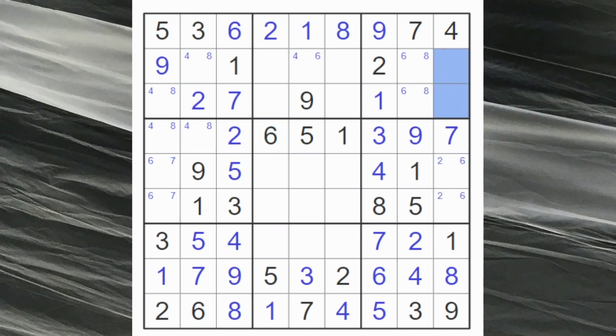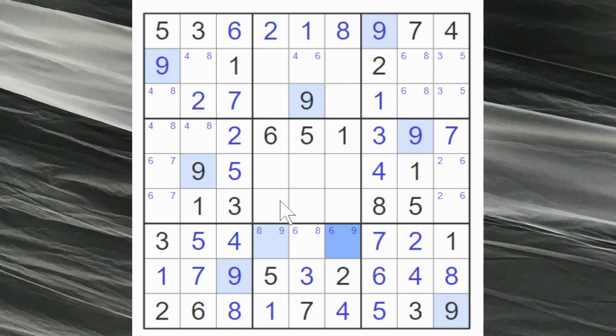And these two squares are a 3-5, like so. So down here we are looking for 8, 9, and a 6. There's a 6 here, so this is an 8, 9. There's a 9 here, so this is a 6, 8. There's an 8 here, so this is a 6, 9. Lots of bi-value cells. That is nice.